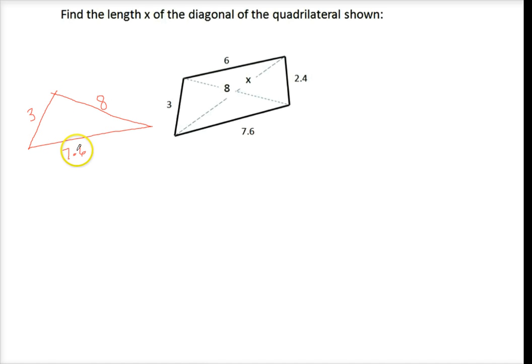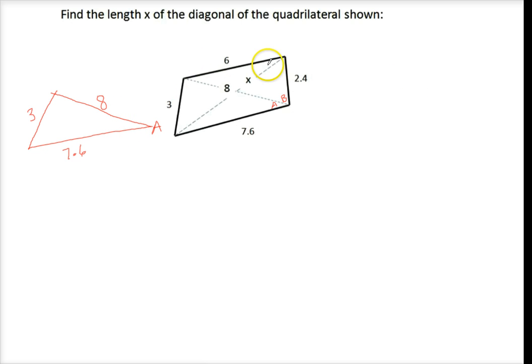Now we have 3 sides, so we're going to see how this angle is split into two pieces. I'm going to call this angle A and this angle B, and our job is to find A and B so we can put them together to find the full angle. Here I have angle A in this drawing, and I'm given 3 sides, so I can use the law of cosines to find that angle.